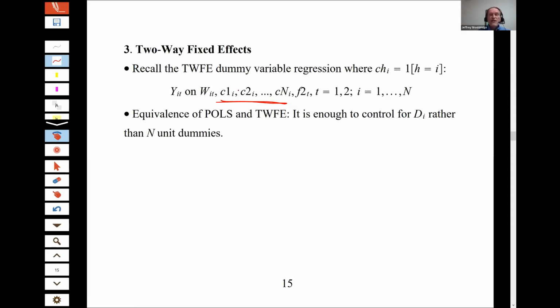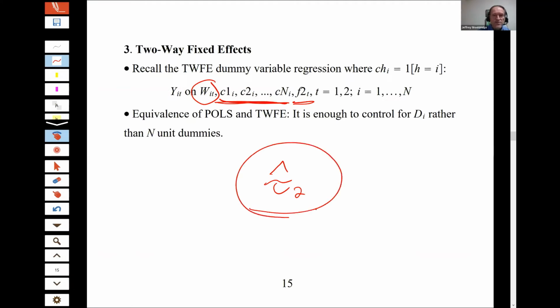So if we have 1,000 counties or 3,000 counties that we're doing some sort of before after policy analysis, we put in a dummy variable for each of those 3,000 counties. We put in a dummy variable indicating time. Then we just have the one variable, the treatment variable, and it turns out that this is also the same thing as tau 2 hat.